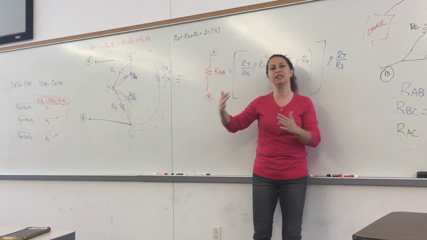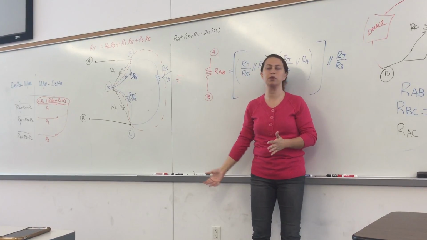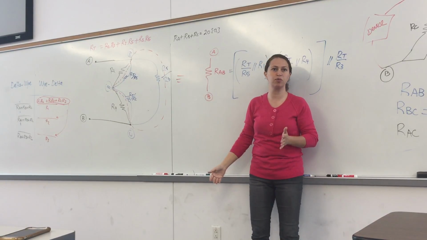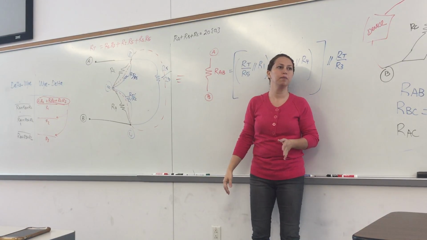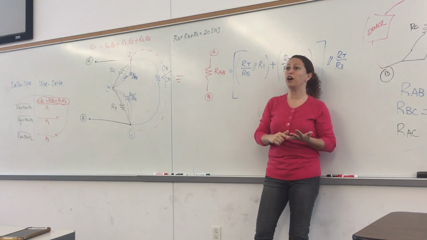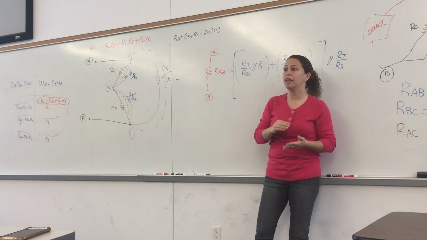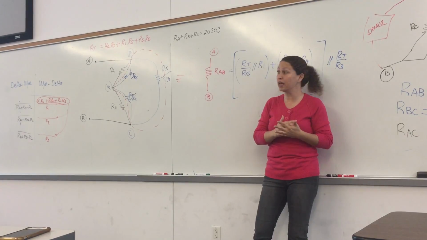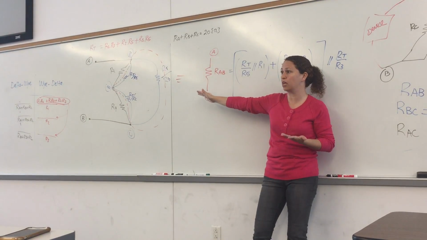You just get the result in a little bit longer way. So you waste a little bit of time because this is a little bit more time consuming than finding parallel or series resistors, okay? But normally, find your parallel resistors, find your series resistors. At the point where you are stuck, you can't find any other parallel or series resistors, then your answer is probably delta to Y or Y to delta.